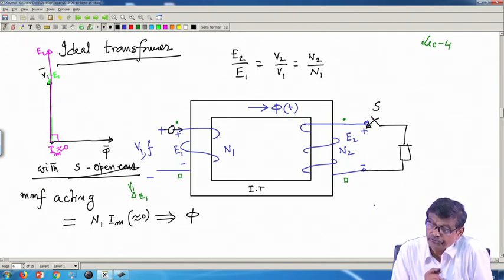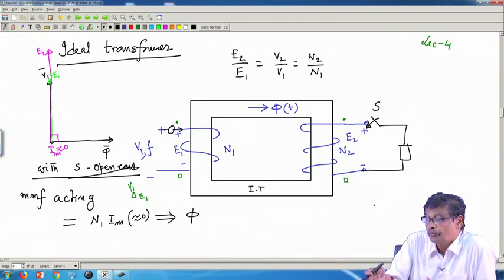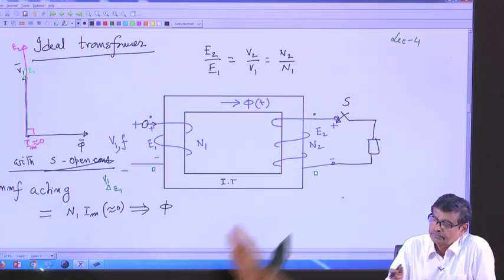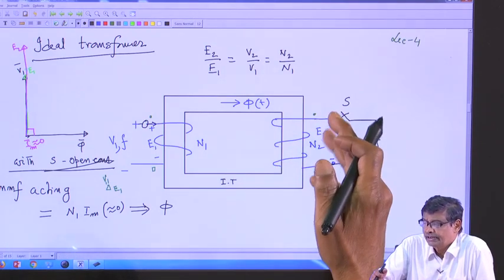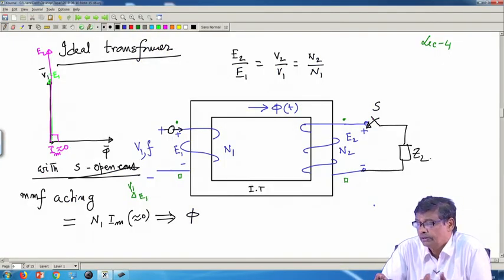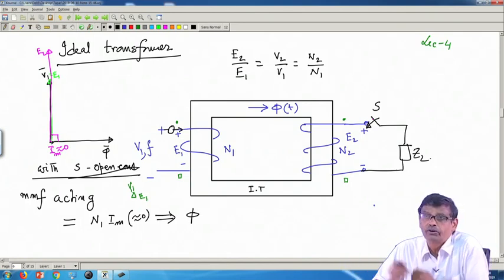The moment you close the switch, this coil 2 will carry current, is it not, because there is a source of EMF, and you have connected an impedance Z2 here. So, the magnitude of the current will be E2 by Z2 and so on.